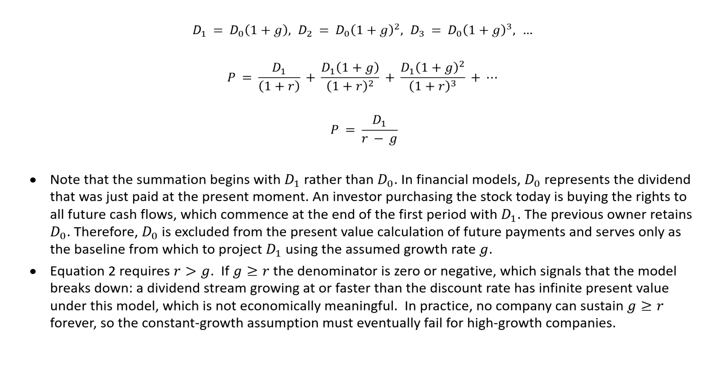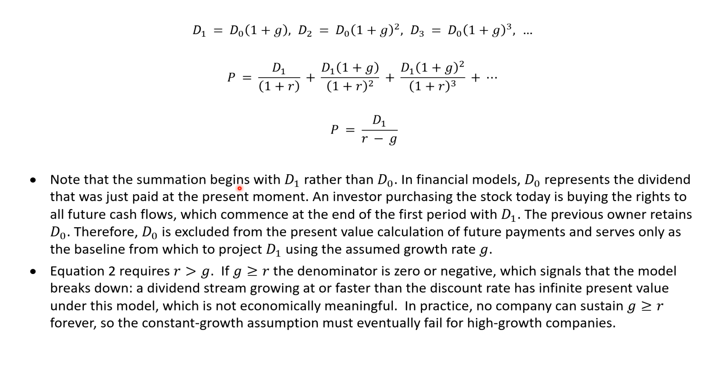On this slide, I have a few comments related to the Gordon growth model. I copied the equations down here at the top just so we can refer to them. And I may have mentioned some of these already, but it doesn't hurt to emphasize the point. So the summation begins with D1 rather than D0. In financial models, D sub 0 is the initial dividend that was paid at present.